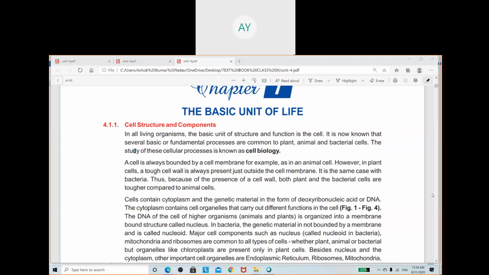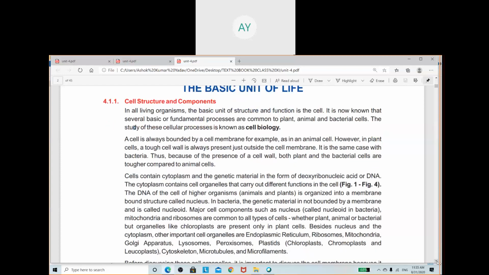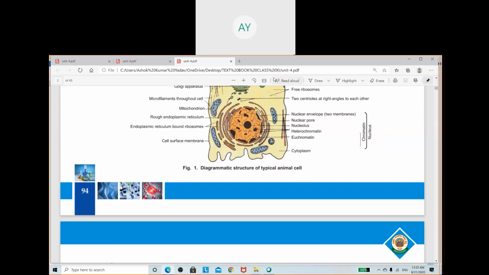Now, the cell contains cytoplasm. Do you know what is cytoplasm? And what is genetic material? There are two words. So cytoplasm, that is the liquid inside the cell, is known as cytoplasm. If you see the animal cell, there is a liquid inside the cell. The cell membrane is the boundary of the cell.